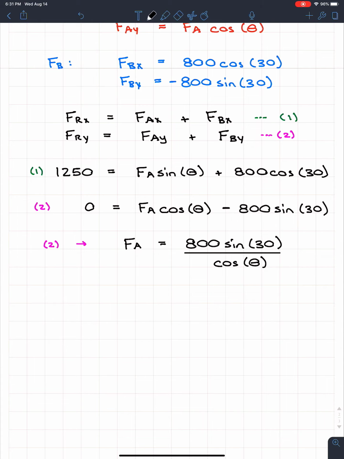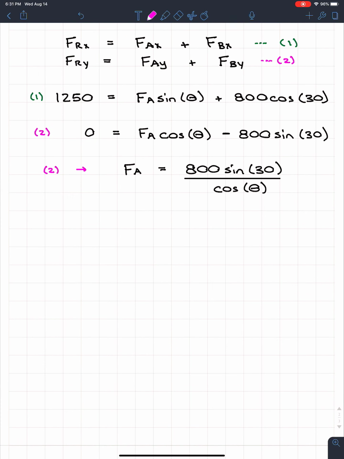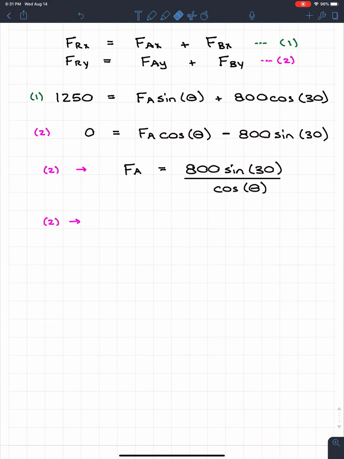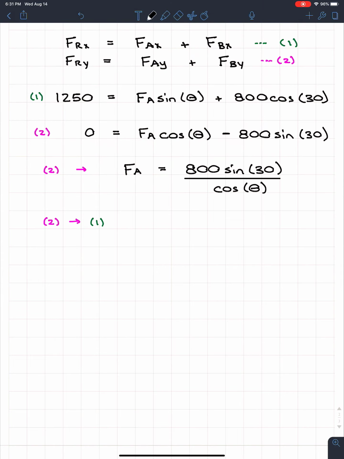So now this is our new equation 2. And then what we're going to do is we're going to take equation 2, and we're going to sub that in to equation 1. Because what happens now is we take away FA completely. So our equation will only be in terms of theta.